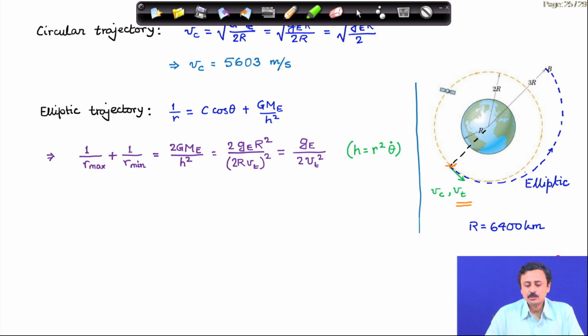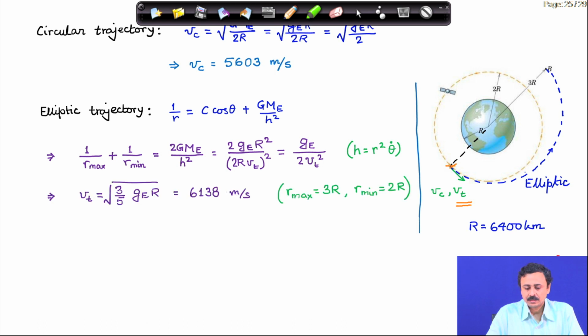Now, this simplifies to the acceleration due to gravity on the surface of the earth divided by 2 times the tangential speed at this point on the elliptic path. From here you can solve for the tangential speed. R min and R max are known.